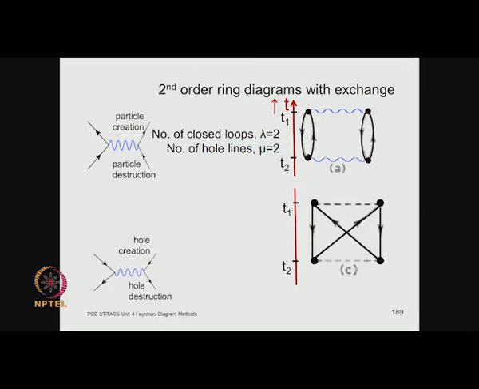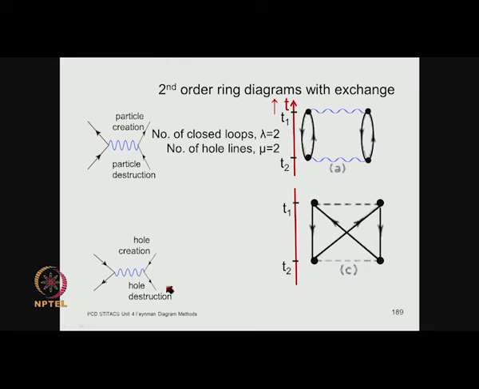Okay, so these are the second order diagrams, and now notice that here you can actually count the number of loops, and this is represented by the letter lambda. You can choose any letter, but I am using the notation in the book by Rames. If you look at the number of closed loops, you have lambda equal to 2, and the number of hole lines, which are the arrows pointing downward, is also 2.